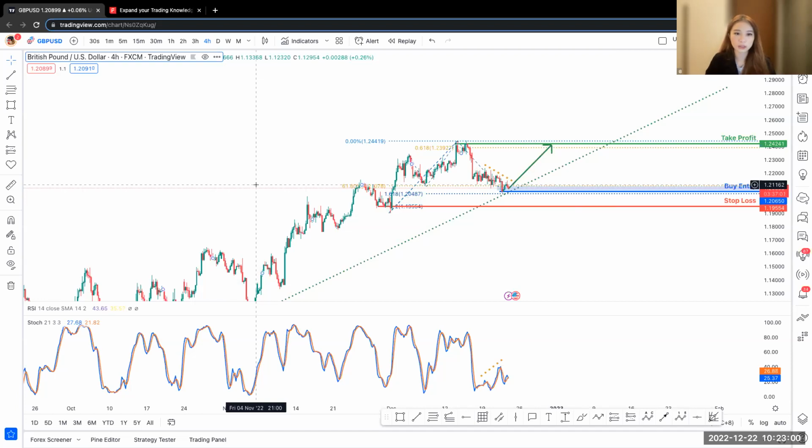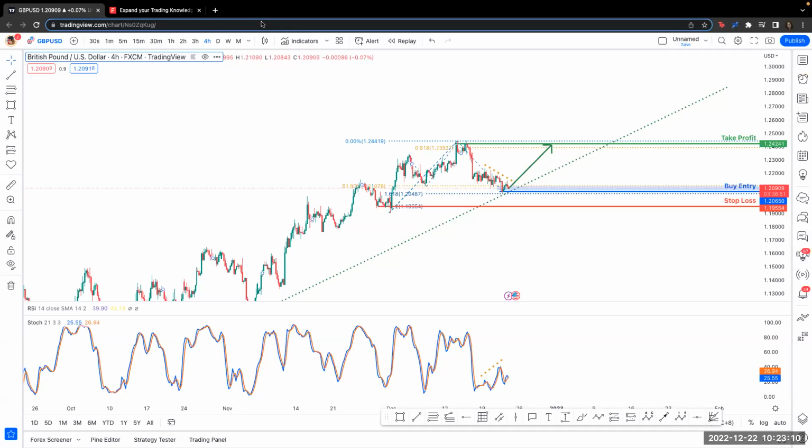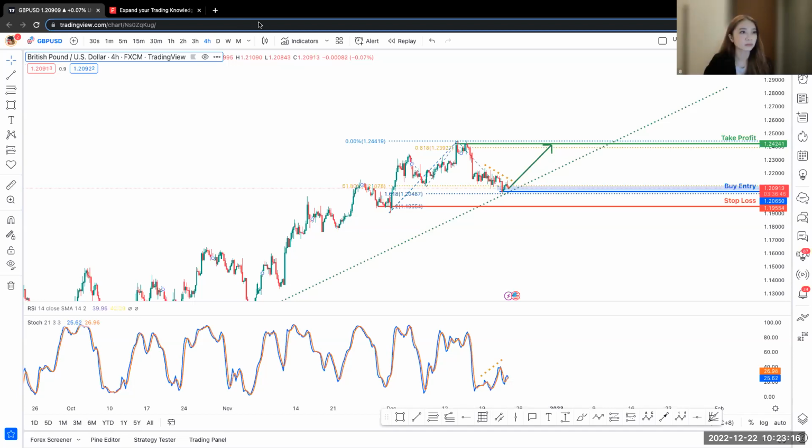For Sven, if this is okay, is there anything else you want me to explore? Sven, if you have any other pair, I'll be super grateful if you suggest some.